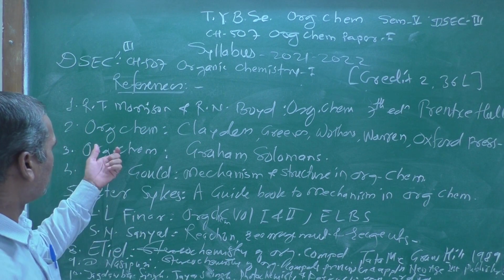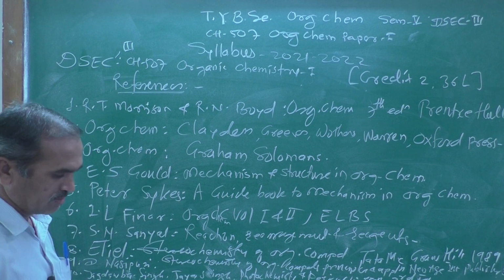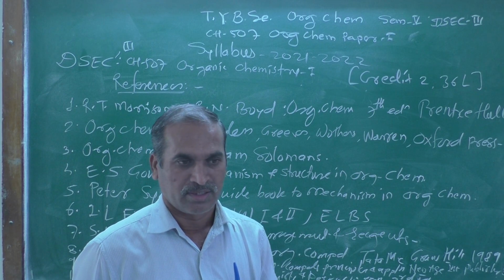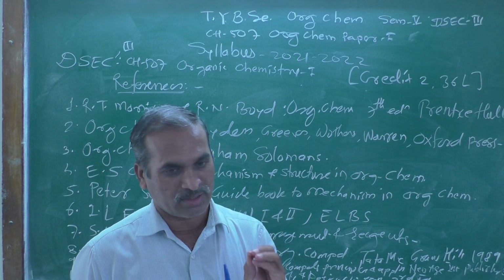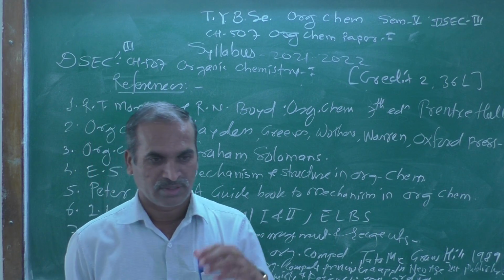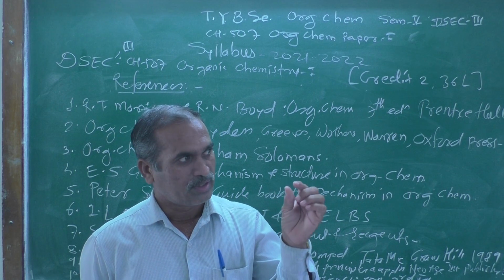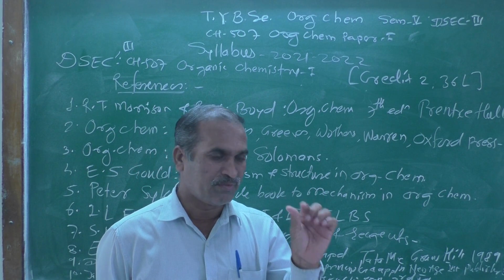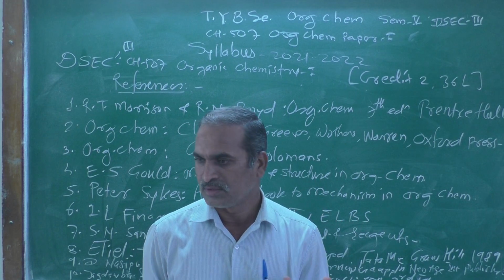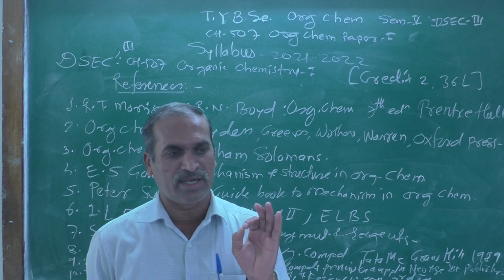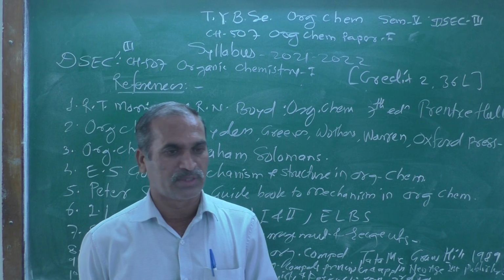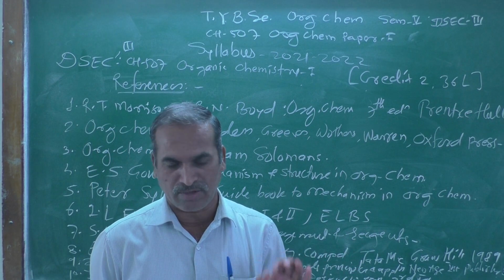Another, second book, Organic Chemistry. This is a very beautiful book, beautiful in the sense of the language of that book and the illustration of mechanisms with colored bond combinations, and very clear and simple, lucid language is used, so the common student can understand that language in a better way.